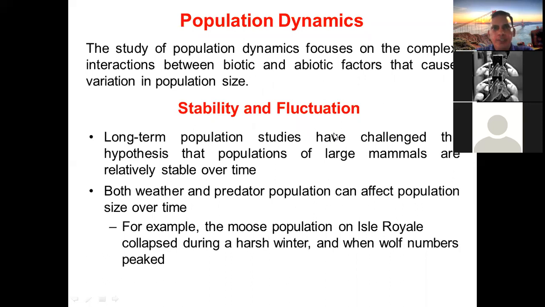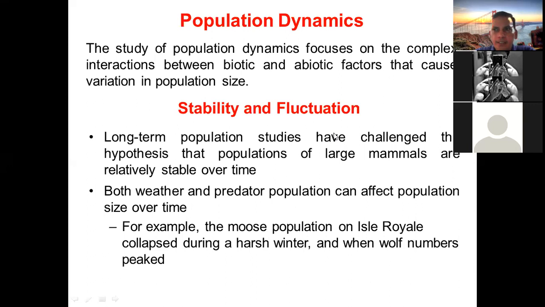It is usually speculated that those large animals, let's say for instance elephants, tigers, lions, are large and are safe from predation, so their population by and large remains stable. However, if these kinds of studies are done for a period of 50, 60 or 70 years, then this statement is not correct.